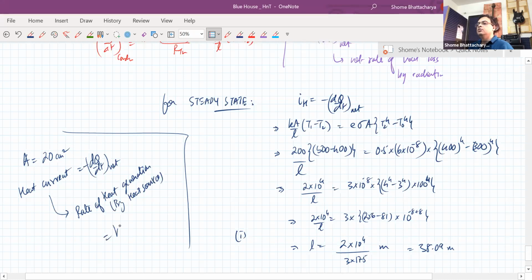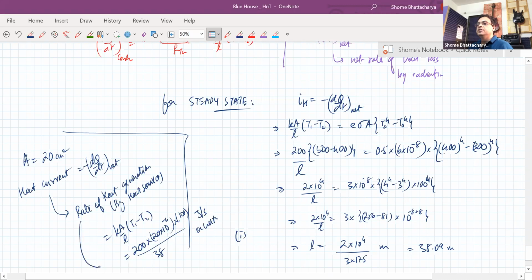So that will be equal to this. So 200 into 20 into 10 raised power minus 4 into temperature difference of 100 divided by the length, which is 38. So this will be in joules per second or watts.